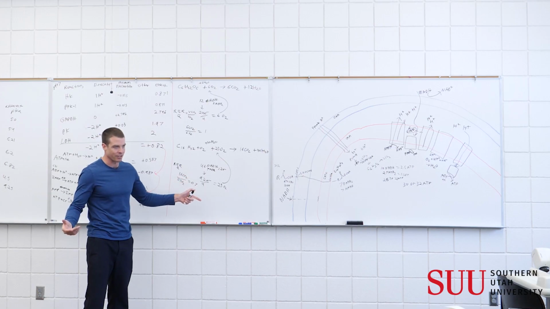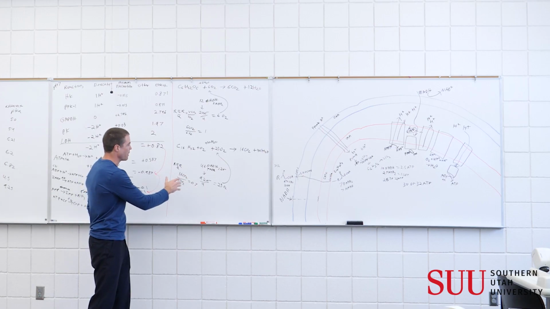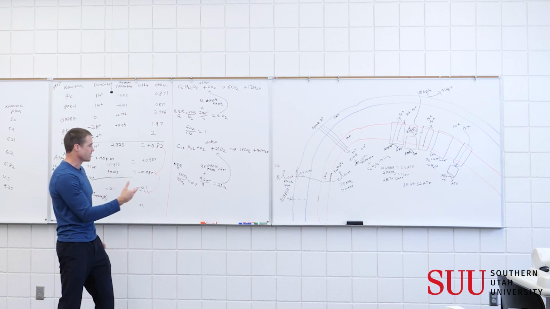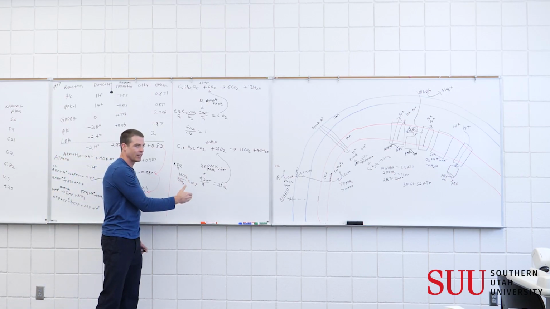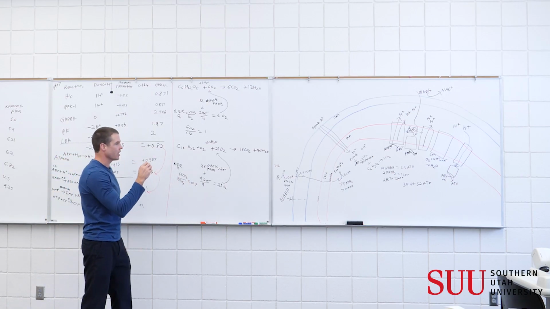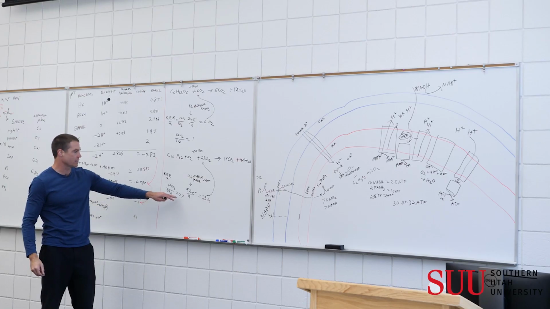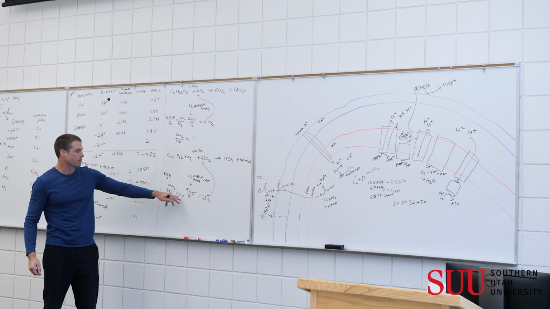Around 0.8 or something, right? Because it's mainly going to be fatty acids that you're oxidizing, and it's going to be right within that range. And so this gives you a direct clue as to why it is that when you oxidize fatty acids, your respiratory quotient is so low.